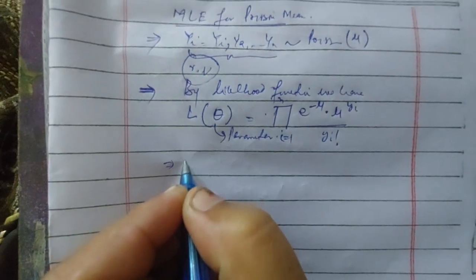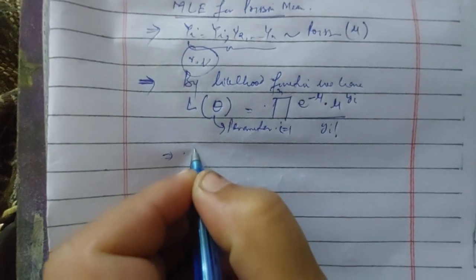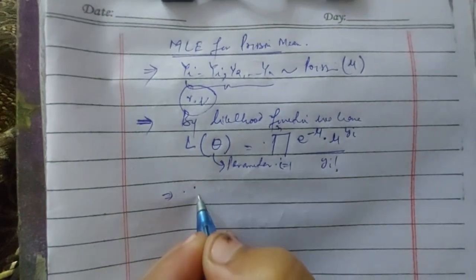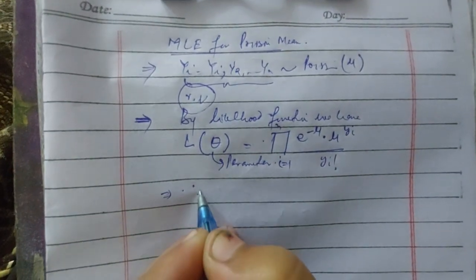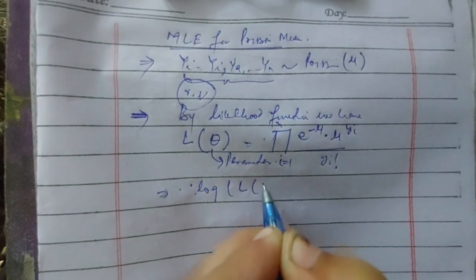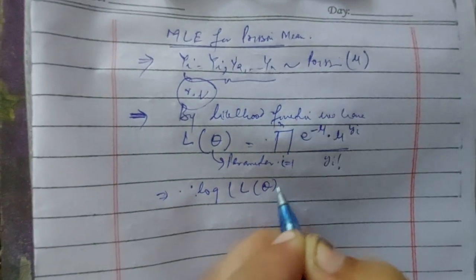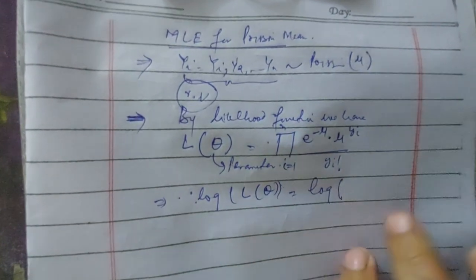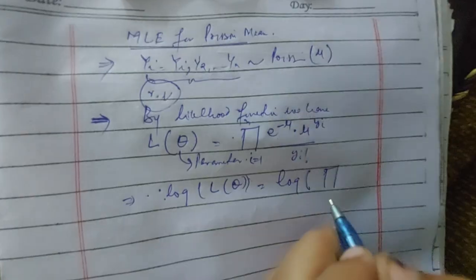So as we are interested in the log likelihood, we take the log of this capital L of theta, which is equal to the log of this multiplication.